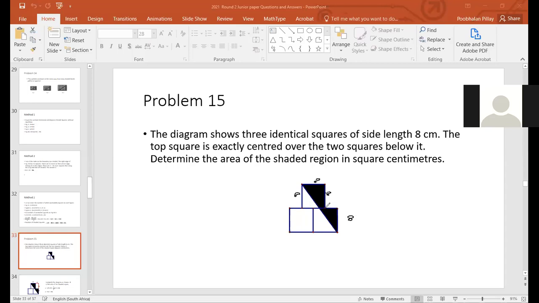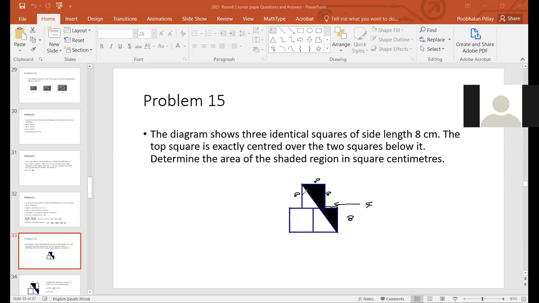So therefore this edge here will be in the middle of this, and that edge there will be in the middle of that. So this part here will have to be 4. Okay, so now you know all the edges, 8, 8, 4, 8, and there's a diagonal also.